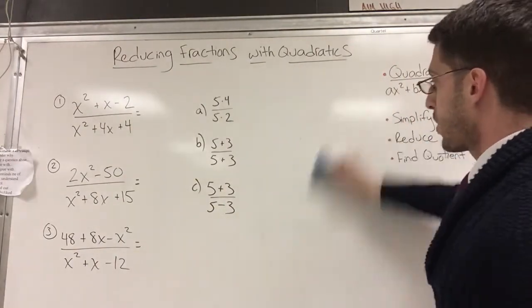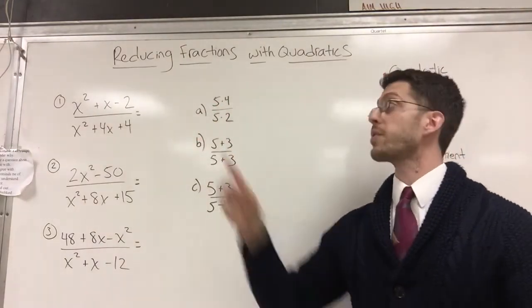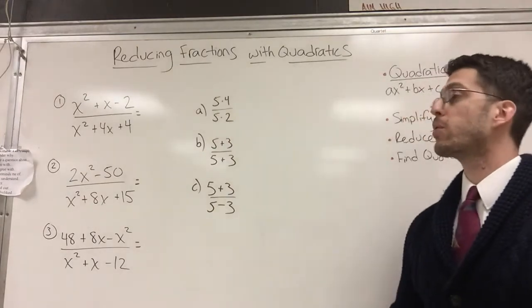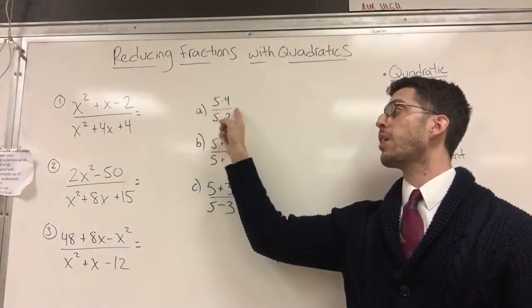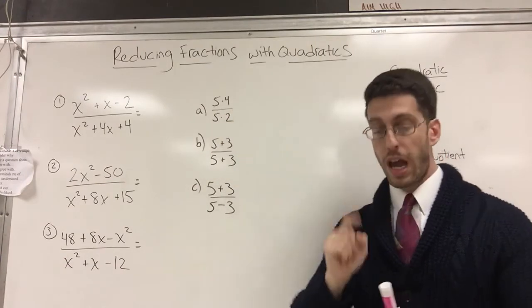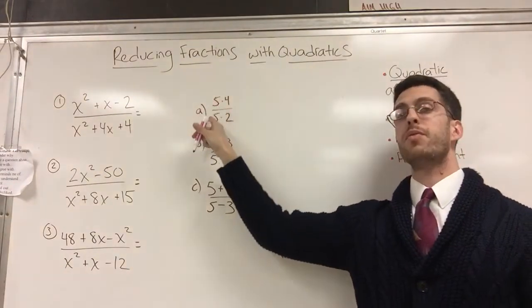Look at part A in my warm-up. Part A says, what's 5 times 4 over 5 times 2? Also known as 5 times 4 divided by 5 times 2. That little line means division. So if you do it the long way, you get 20 divided by 10, and 20 divided by 10 is 2. However, if you look at this, I have common factors here.